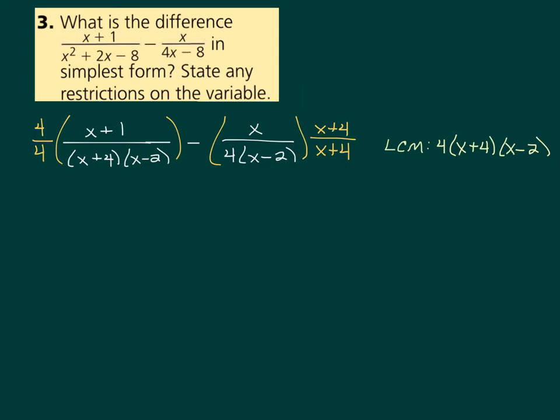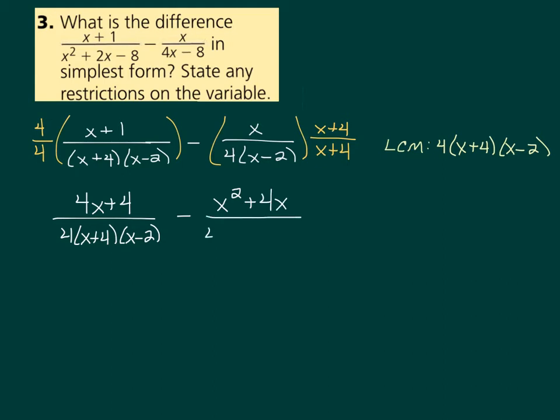X plus 4. So we have (4x plus 4) over 4 times (x plus 4) times (x minus 2), minus (x squared plus 4x) over 4 times (x plus 4) times (x minus 2).